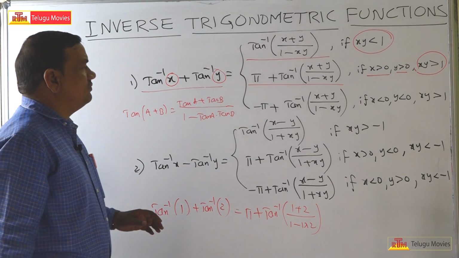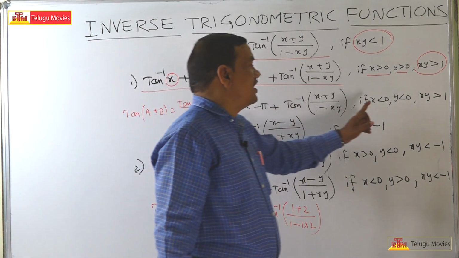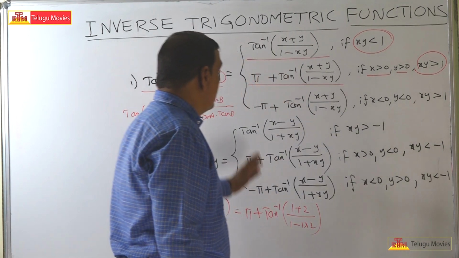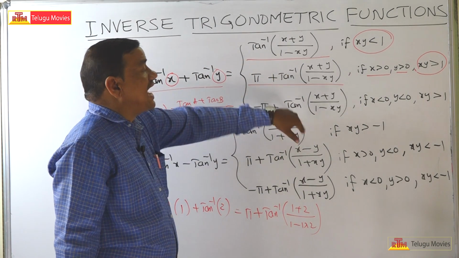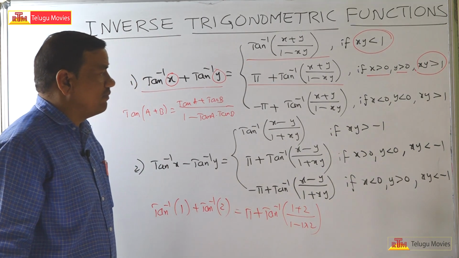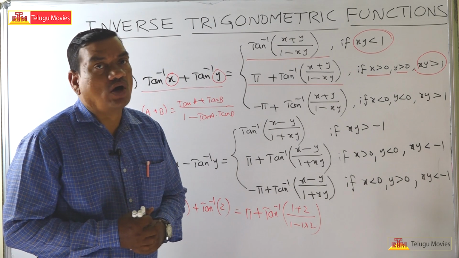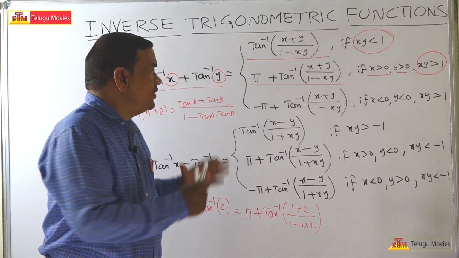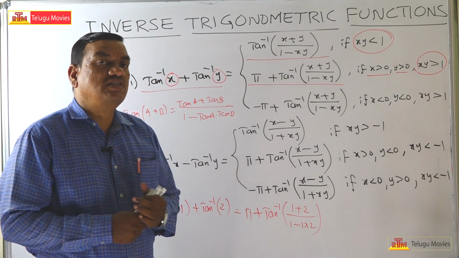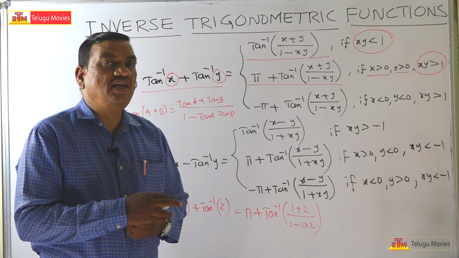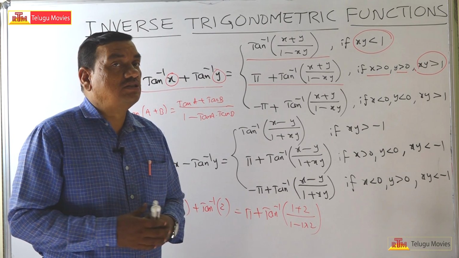Now similarly, if both are negative, x less than 0, y less than 0, but xy is greater than 1, then it is minus pi plus tan inverse of x plus y by 1 minus xy. So be careful about these formulae. That's why you write all these formulas in a separate notebook and repeatedly revise them.